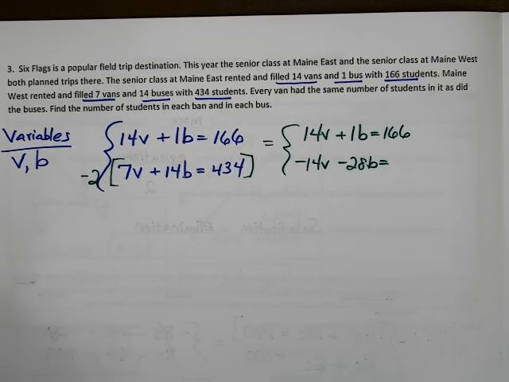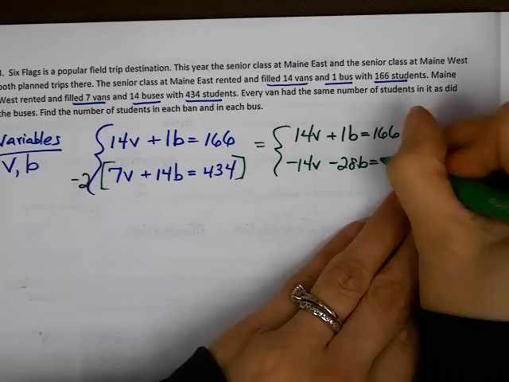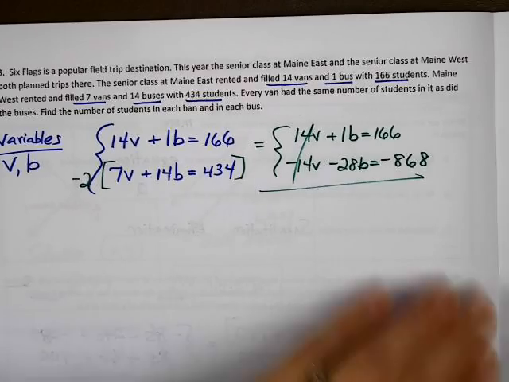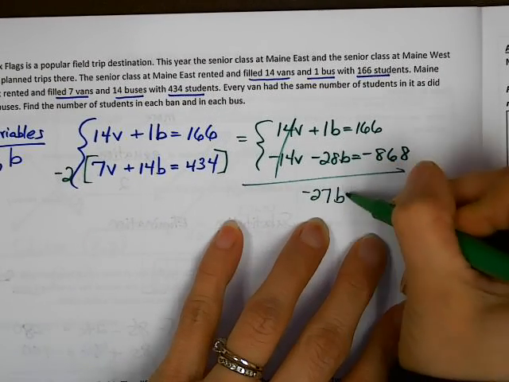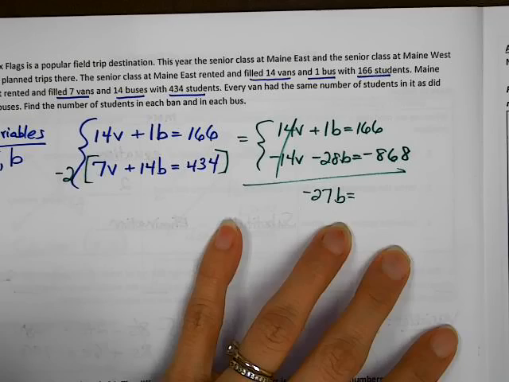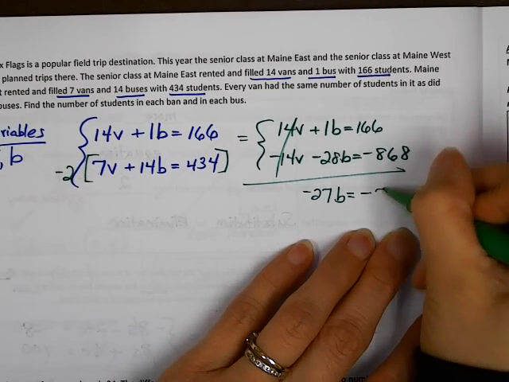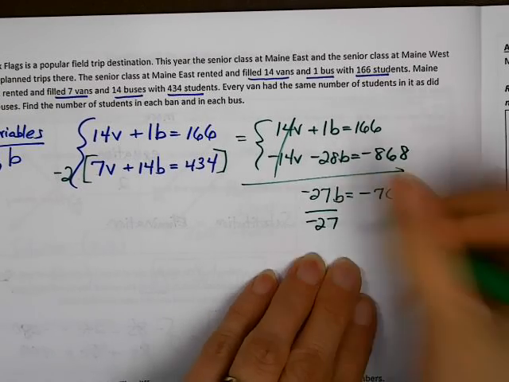434 times a -2 is going to be -868. Okay, and now we're eliminating. -28 plus 1 is -27b. -868 and a positive 166 leaves us with -702, and I hope that divides nicely by a -27.